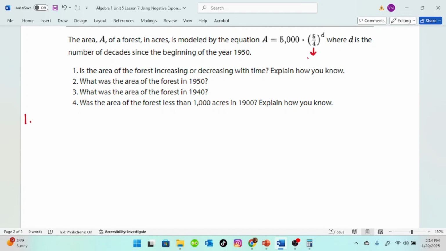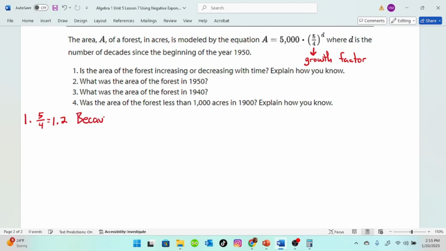And that is this number right here. This growth factor is 5 over 4, which is equal to 1.2.